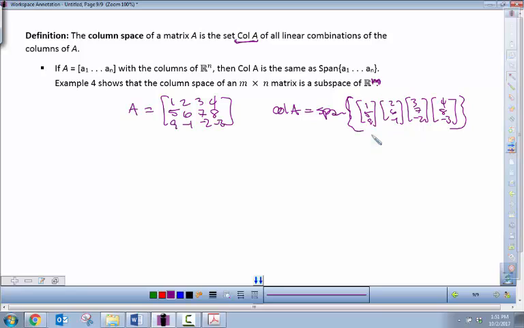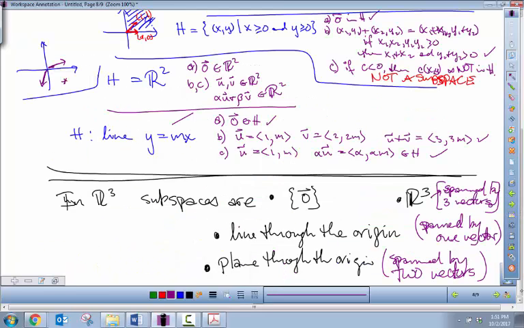There are 4 vectors here, but my column space is not going to be a 4-dimensional vector space. So what has to be true for these statements that I was mentioning? They have to be linearly independent: spanned by 3 linearly independent vectors, spanned by 1, well, there's 1, spanned by 2 linearly independent vectors.